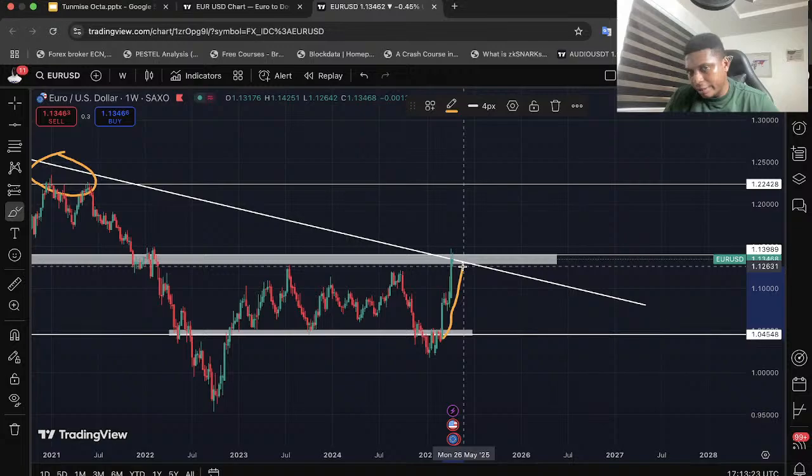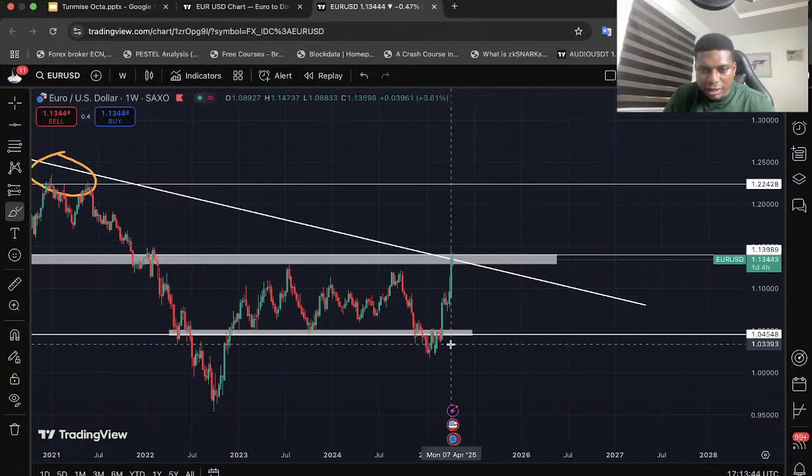And you can see that the candlesticks are more fully bodied candlesticks, you know, with such great momentum.